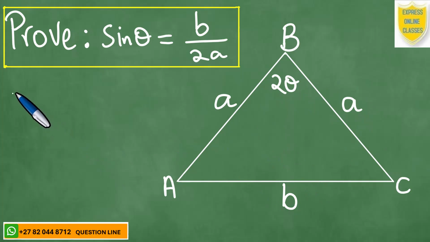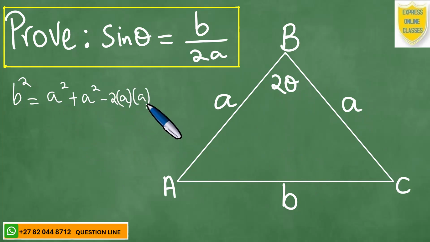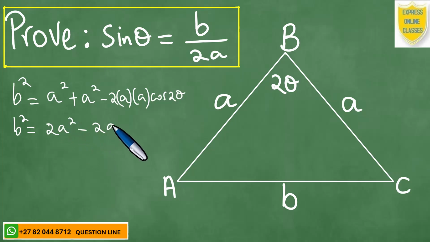So we shall have b squared equals a squared plus a squared minus 2a times a cosine 2 theta, which means that b squared is 2a squared minus 2a squared cosine 2 theta.